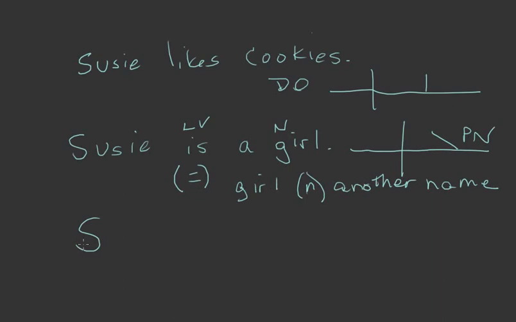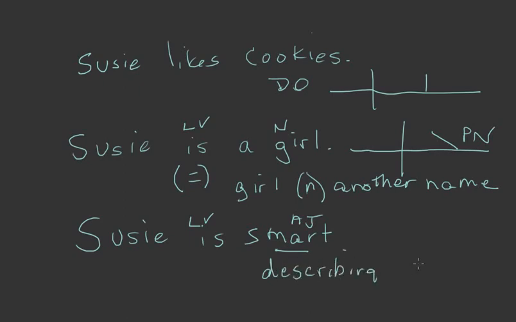If I said Susie is smart. Now notice this is the same verb, still a linking verb, but this is an adjective and it is describing Susie. So the diagram is the same, but this is a predicate adjective over here. And hopefully this shows you the characteristics of each of these particular labels.